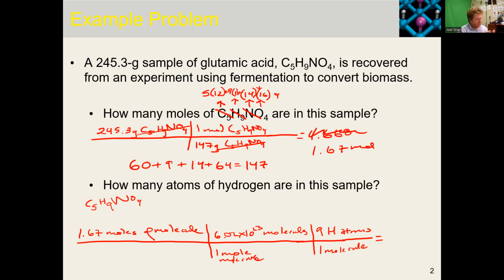So let me see this again. Clear, clear, clear. So 1.67 times 6.022 double E to the 23rd times 9. And my answer ends up being 9.05 times 10 to the 24th hydrogen atoms.